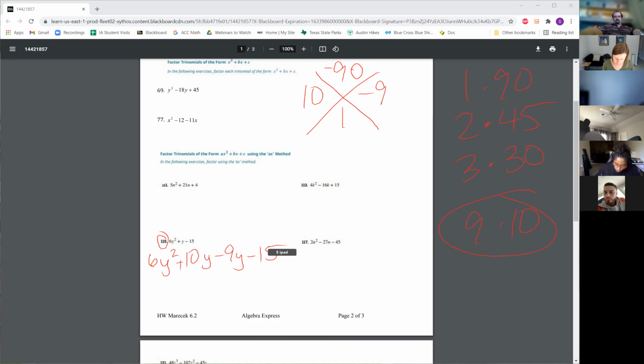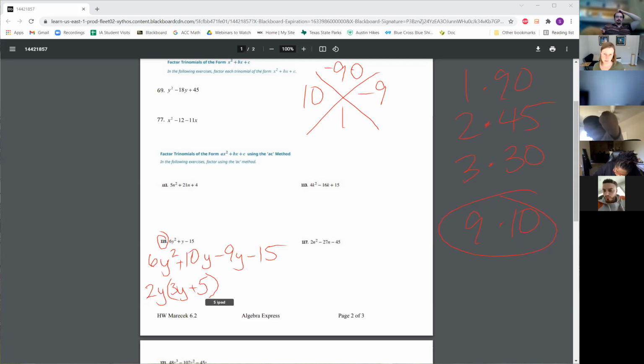All right, group 2, what can I take out of the first 2? 2 and a Y. 3Y plus 5, I think, is left. Okay, what about the second 2? A negative 3. 3Y plus 5. Awesome, they match, that's good.